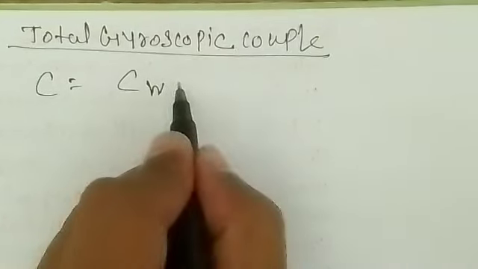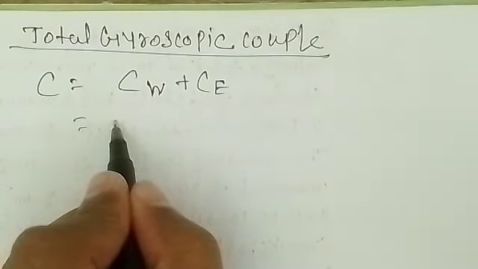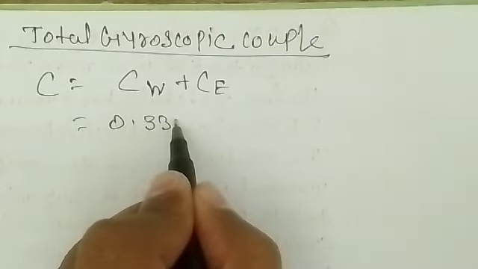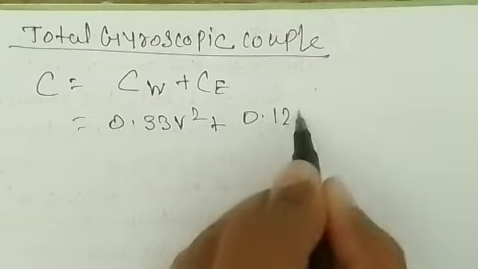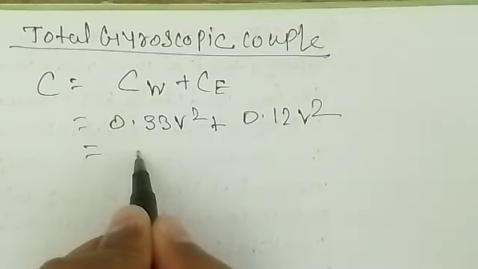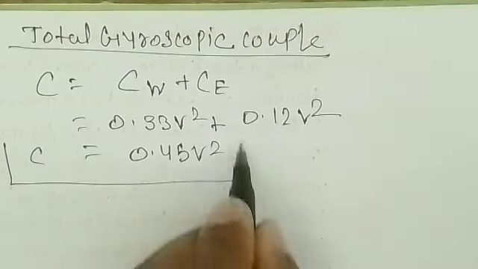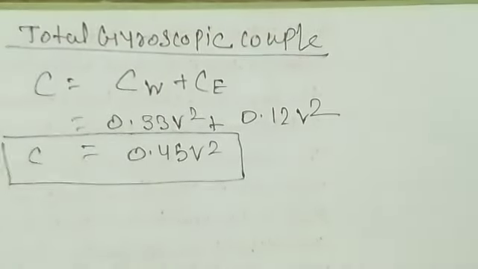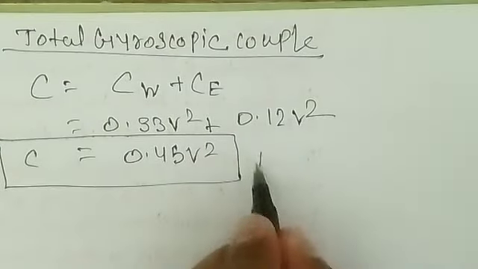It is given in the question. So we have CW plus CE. So gyroscopic couple due to wheel we got, which is 0.33 V square, and gyroscopic couple due to engine we got 0.12 V square, right? So it is 0.45 V square, that net gyroscopic couple we got. A total gyroscopic couple due to wheel and engine we got, which is 0.45 V square Newton meter, right?